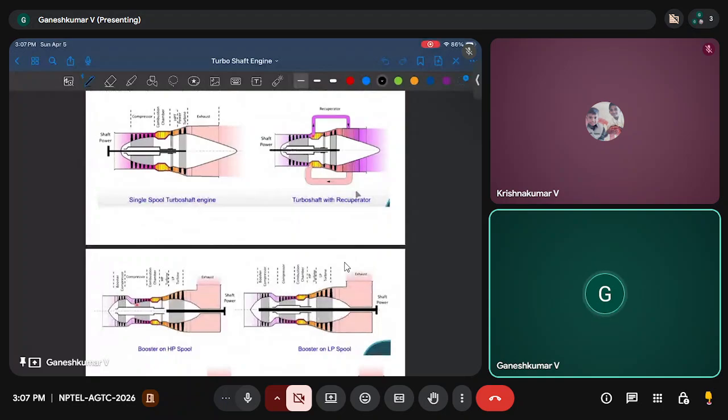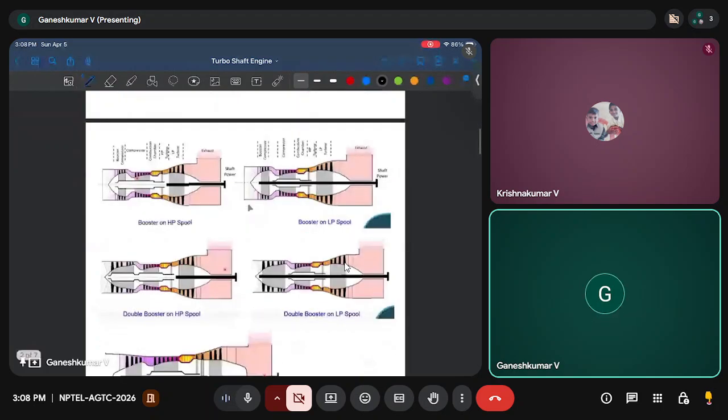So there are various types of turboshaft engines. I'm just showing a few here. For example, we have a single spool turboshaft engine. We have a turboshaft with a recuperator. We already studied the intercooler and regenerator cycle, so it shouldn't be a surprise for you. So this is the recuperator. Now you have a two spool turboshaft engine where one spool runs the compressor and the booster.